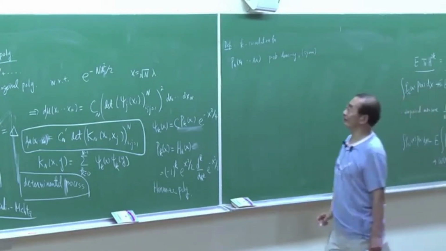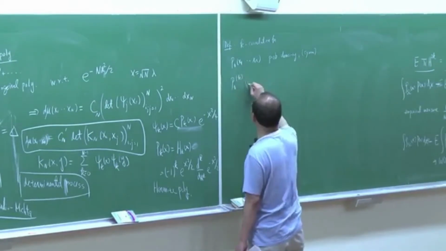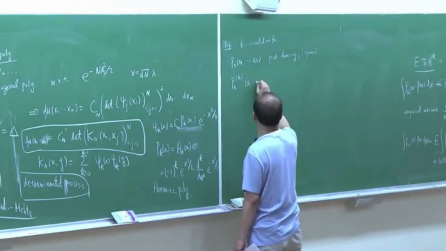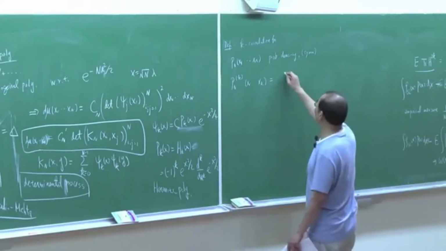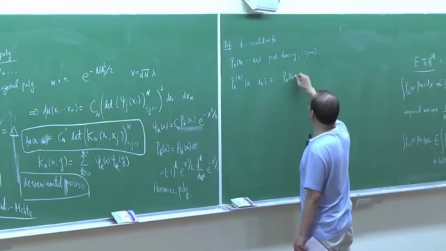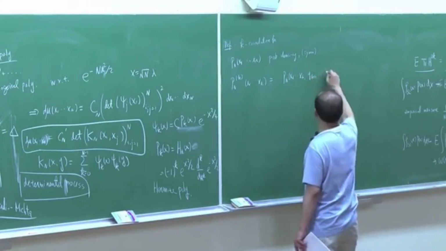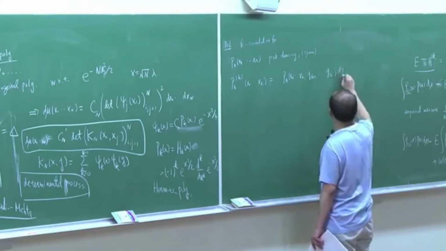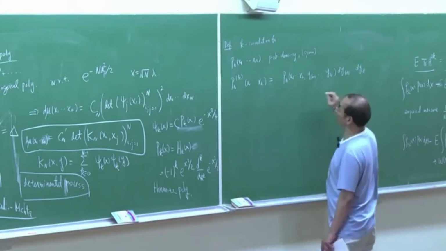Now I want to define the sort of k correlation. It's defined to be Pn of x1 to xk and y k plus 1 to yn, you integrate.